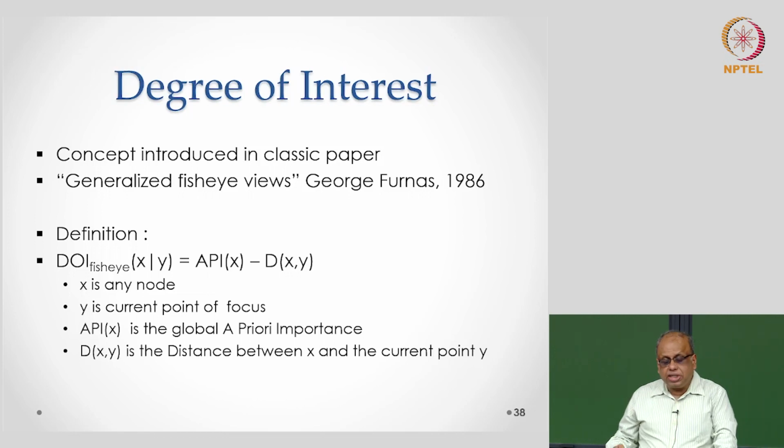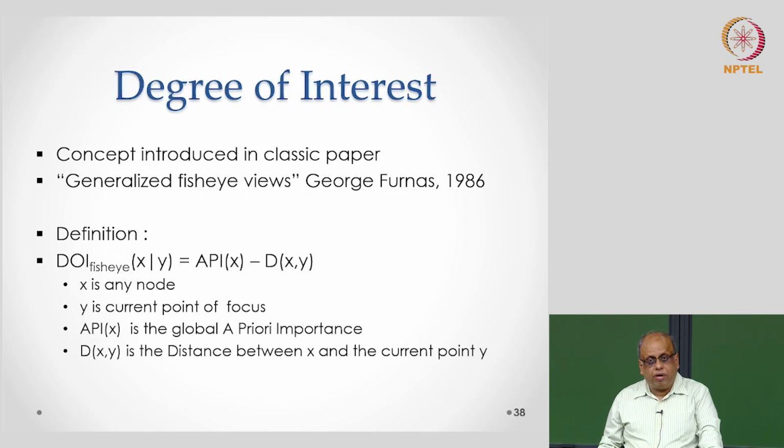For example, if I am showing a map of Ahmedabad and we are focusing on one locality, we will show things in that locality in a bigger size, but also things that are a priori important. For example, the stadium is of importance to me, so we will still show it in a larger size.